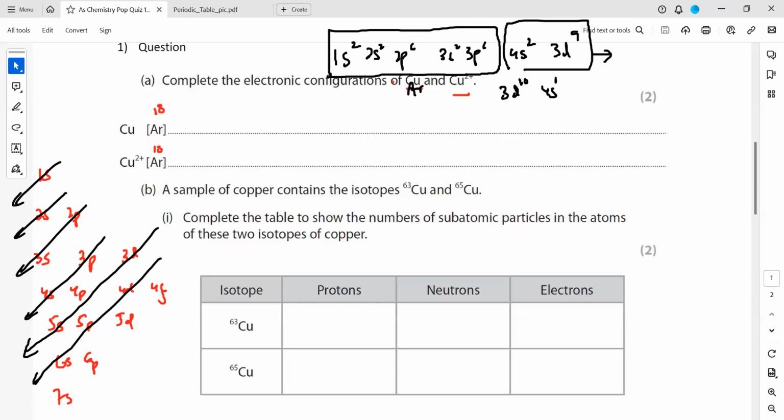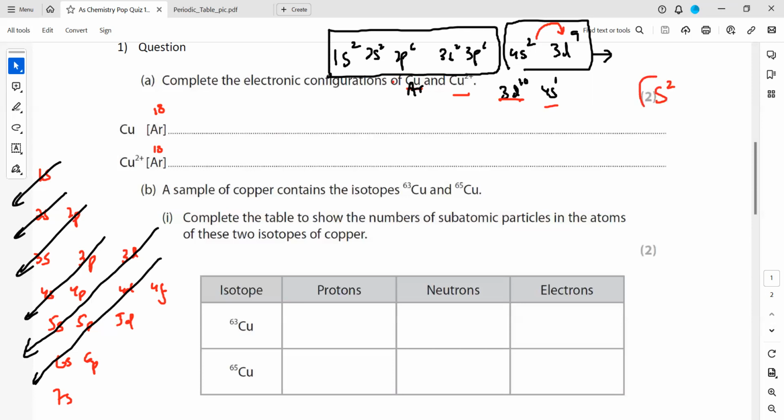But to gain stability, because half filled orbitals and completely filled orbitals are more stable, the electron jumps from 4s to 3d. That makes 3d full, which is stable, and 4s half full, which is stable.